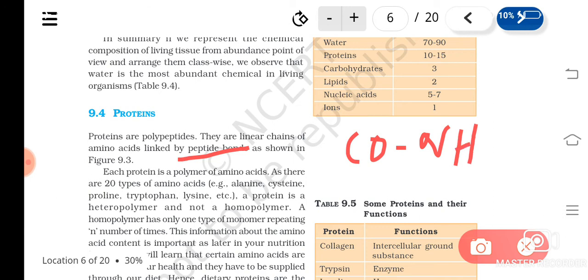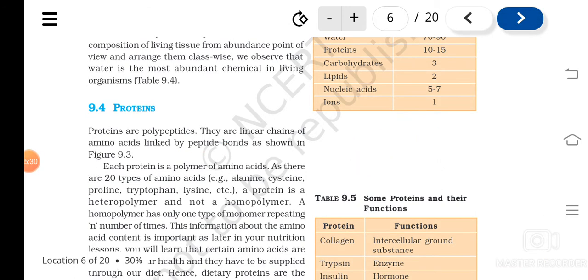The OH of COOH and one H of the NH2 group combine and get eliminated as water, and the CONH bond forms. This bond is known as the peptide bond.